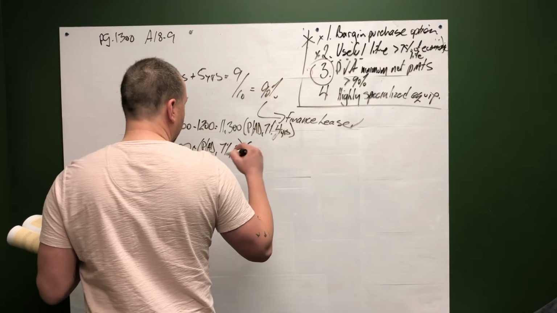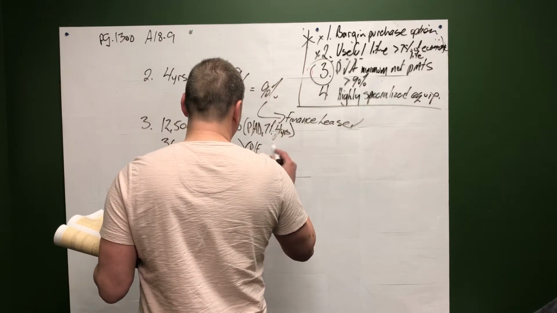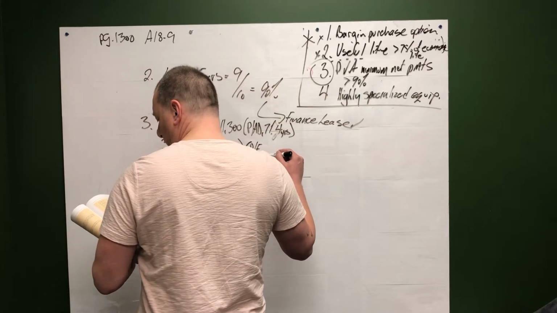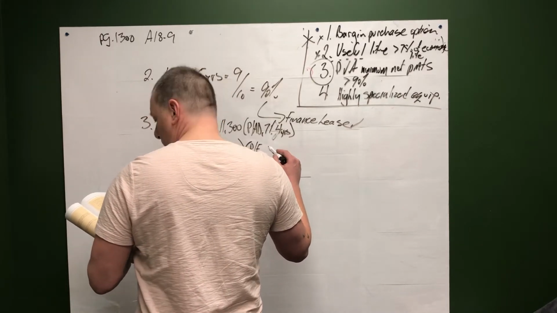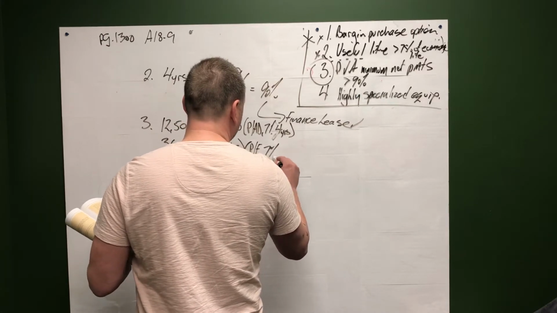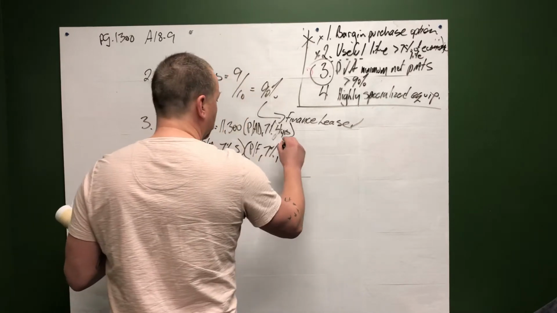But then we also got to multiply it by the present value of a future payment, which we're going to take it back. This has got to equal 7%, 4 years. Okay. Again, that's going to equal this.